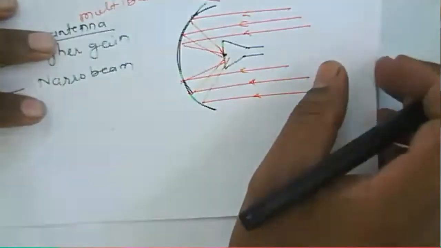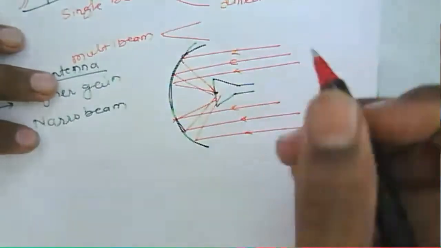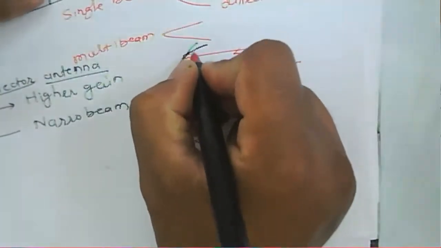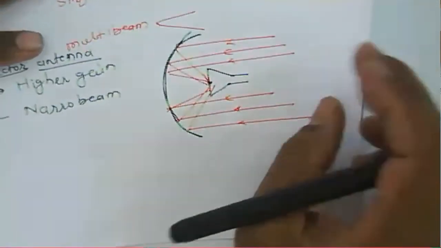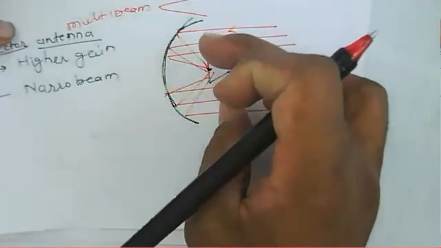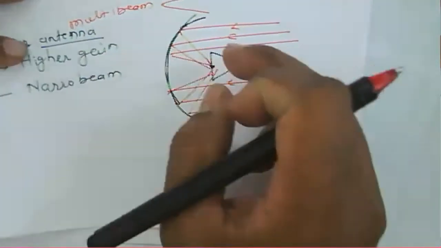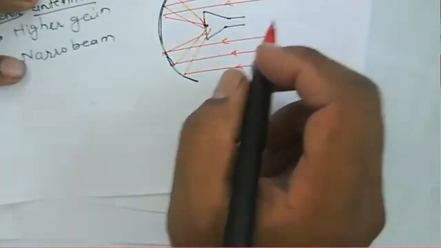That's why we are saying that here it produces a narrow beam. Narrow beam means what? If the parabolic structure is narrow, or you design a structure in such a way that we get a narrow beam here.